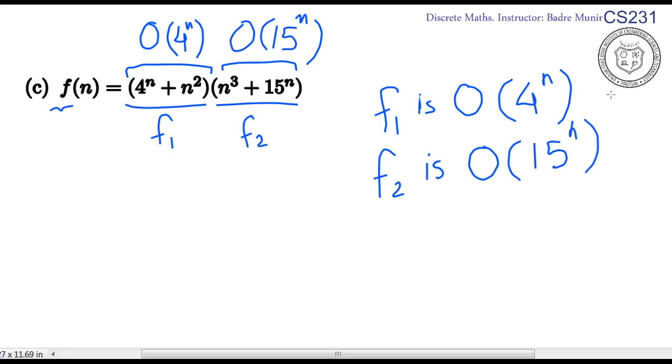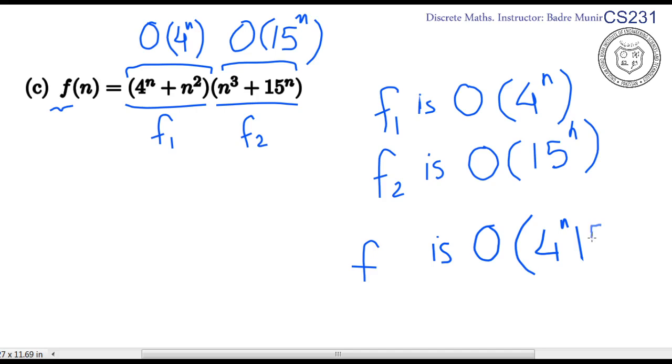Both of these results were obtained using theorem 2. Now theorem 3 tells us that because function f is the product of f1 and f2, this function is going to be the big O of the product of these two functions.